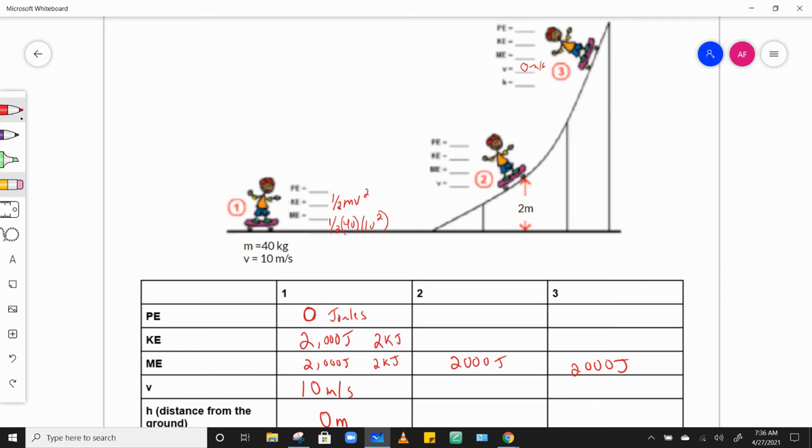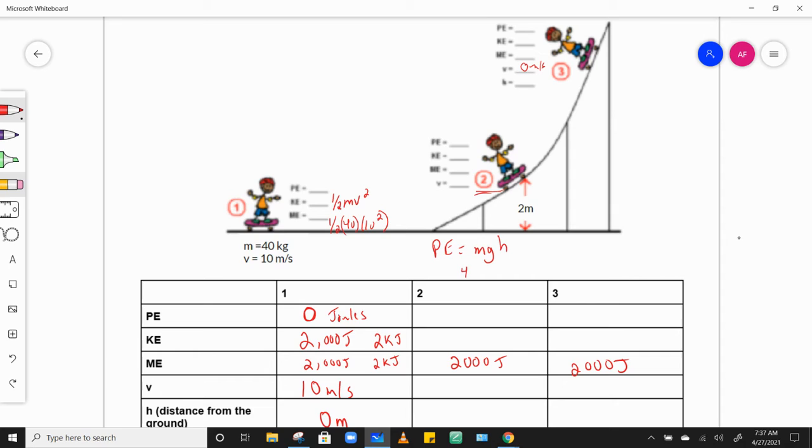Okay. Next, for number 2 here, we have to find the velocity, the mechanical energy, potential energy, and kinetic energy, right? Mechanical we know is already 2,000. Kinetic is going to be a little tricky, but we can find the potential. Potential energy is equal to mgh.